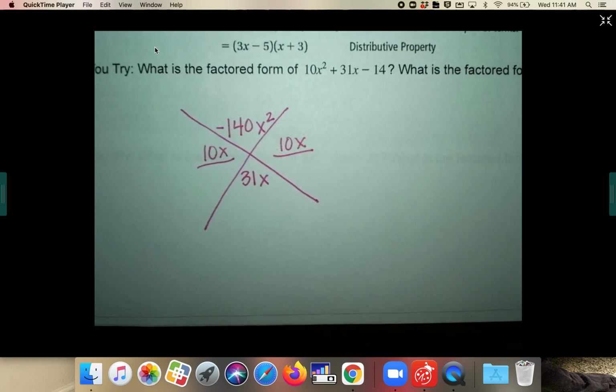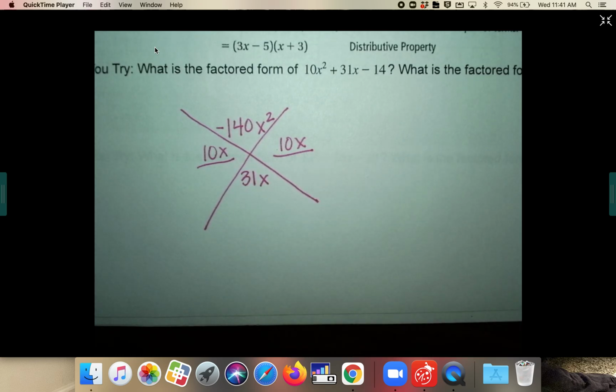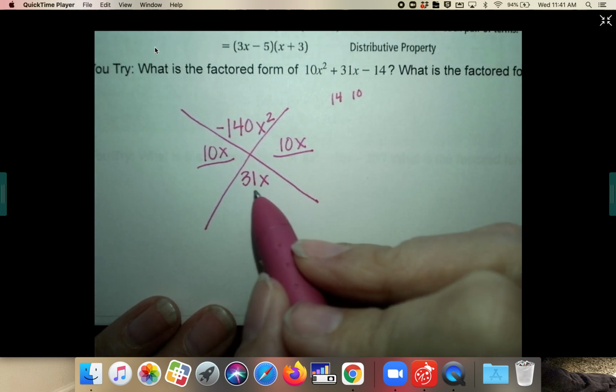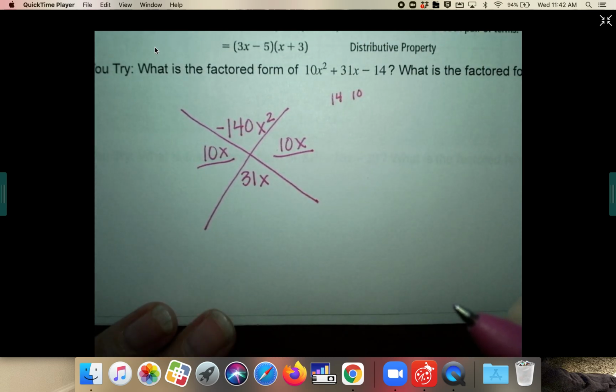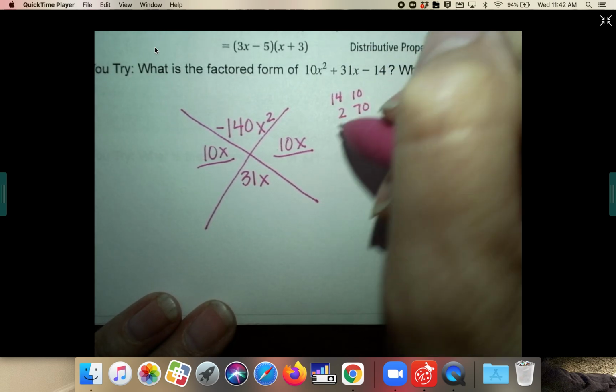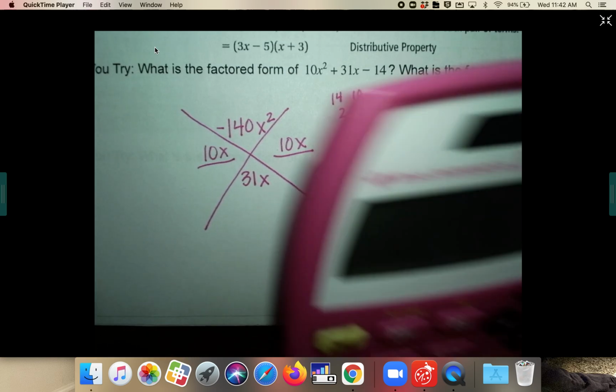I don't know my factors of 140. I know that it's 14 and 10, but we can't add or subtract those to get 31. I also know it would be 2 and 70, but that's not going to be 31 when you add. What else? I'm going to have to use my calculator.